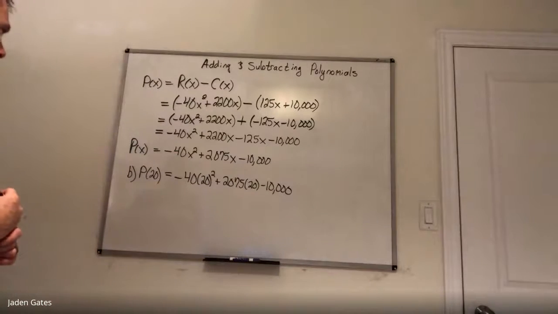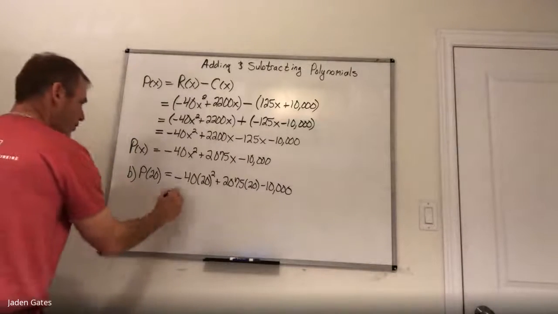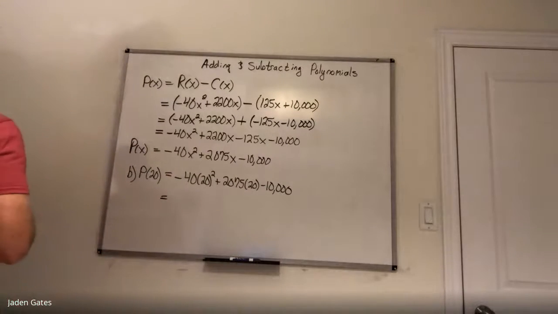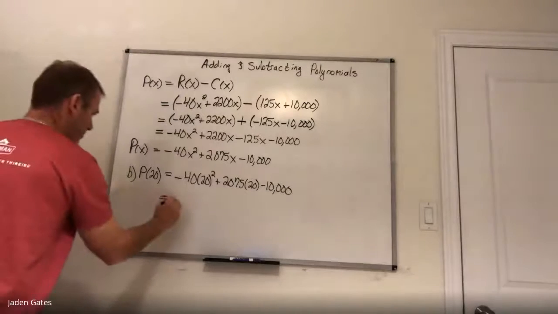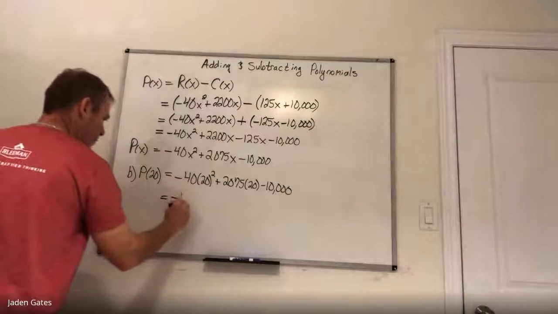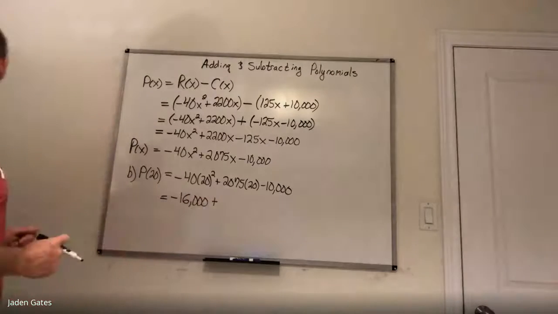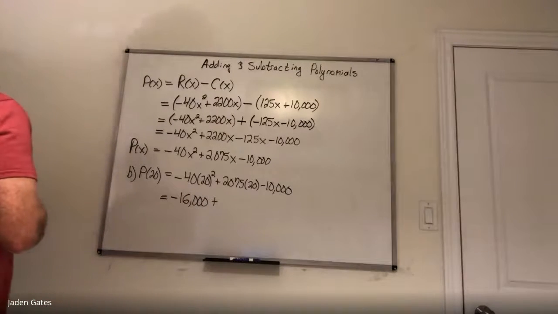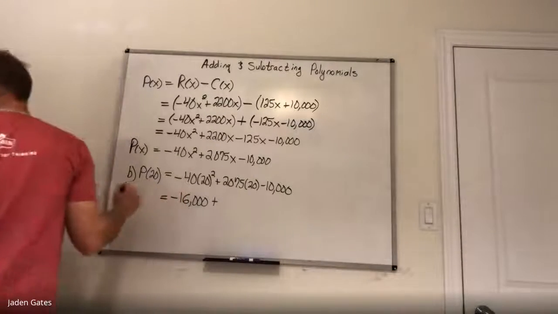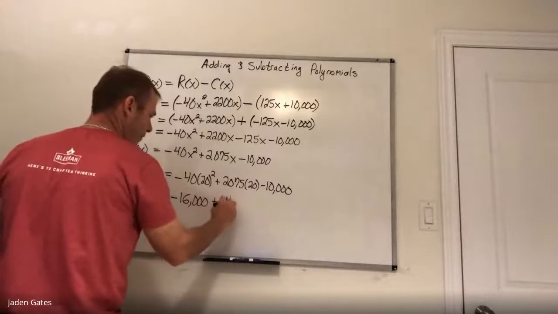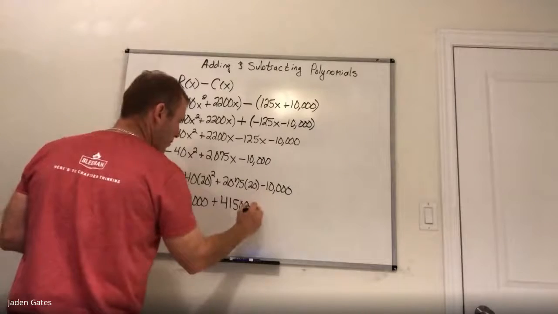All right, and let's see here. Do a little math. So 20 squared is 400 times negative 40 is minus 16,000. Let's see here. 2,075 times 20 is 41,500. And of course, minus 10,000.